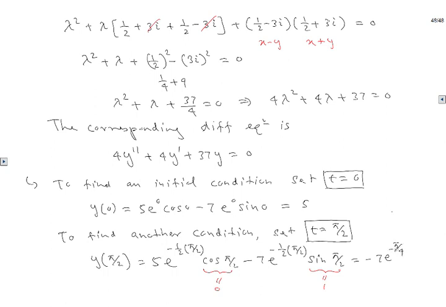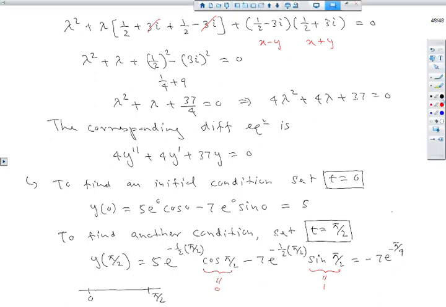Thus you can use this as a second condition, but not an initial condition. This is not at the beginning, this is at pi over 2. We had one condition at 0, that's what we call initial. This kind of condition is what we normally call a boundary condition. So this new condition, y of pi over 2 equals negative 7 e to the negative pi over 4, is called a boundary condition because it's given at a boundary.